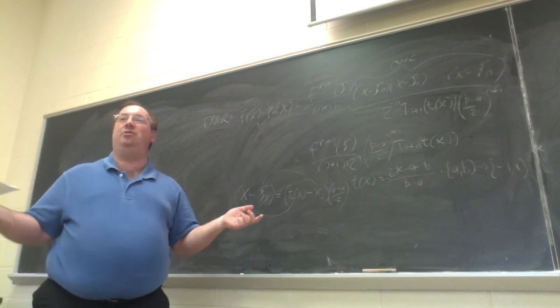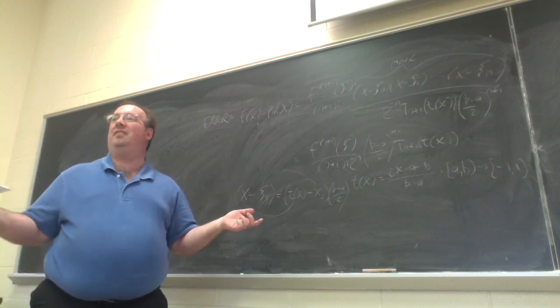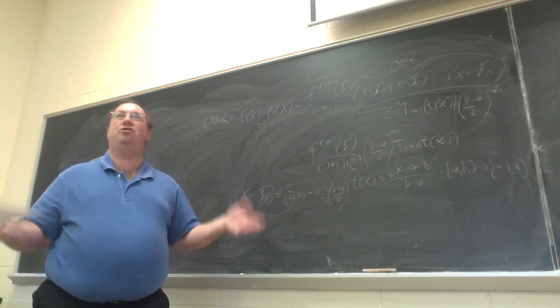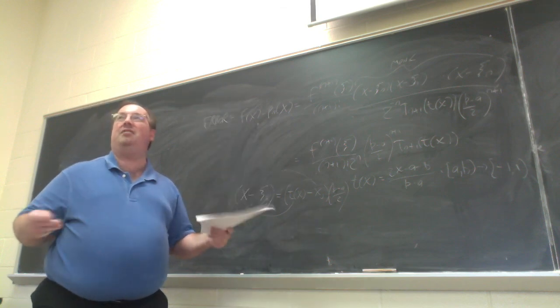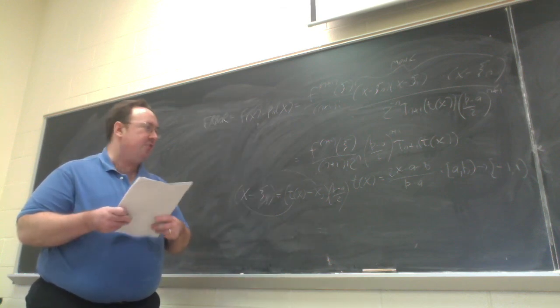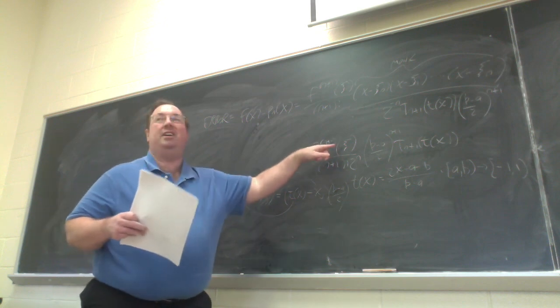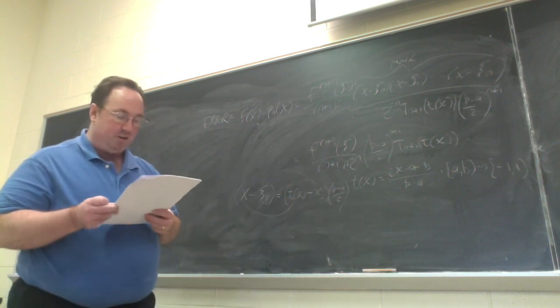But how many sign changes do we want from a minimax? N plus 2. So we fall short. So that's why this Chebyshev interpolant is not necessarily the minimax, unless there happened to be another sign change. That'd be cool, but we don't know if that happens.